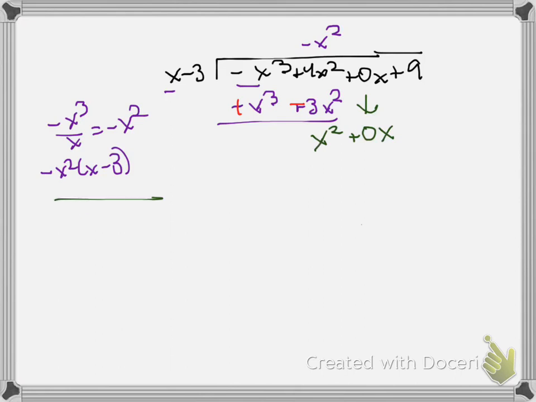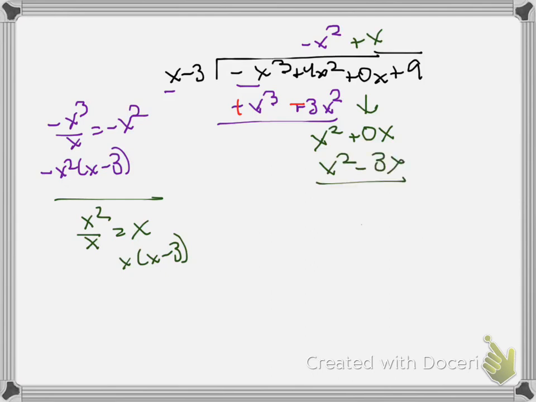Then we divide. x squared over x is x, so we put the positive x here. x times x minus 3 is x squared minus 3x. Then we subtract, so this becomes a 3x. Bring down the positive 9.